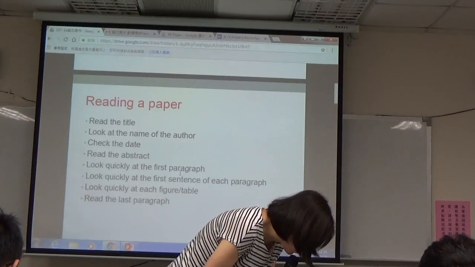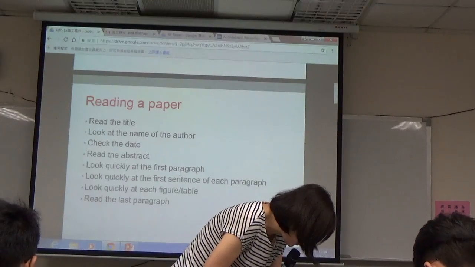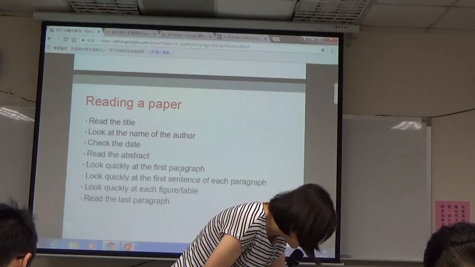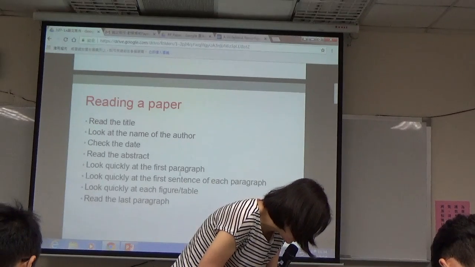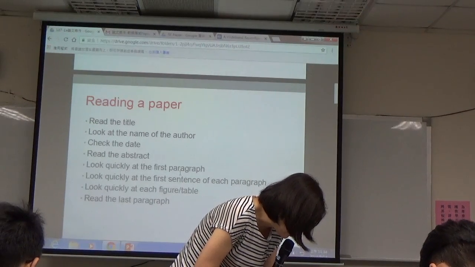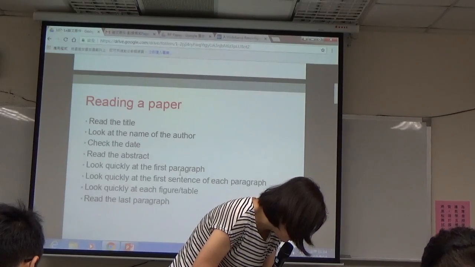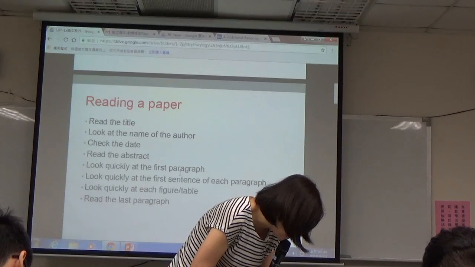Look at figure 3. And then figure 4. Figure 5. Turn to the next page. Figure 6. Figure 7. Figure 8. Figure 9.